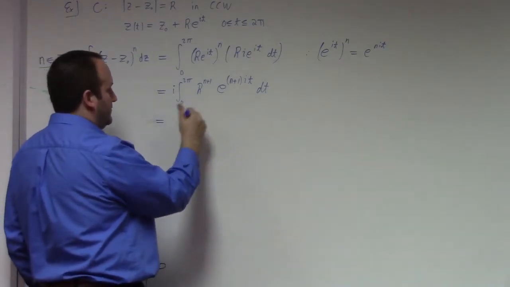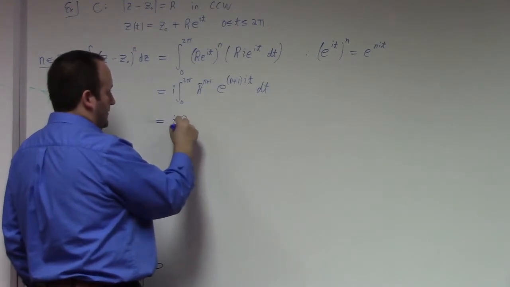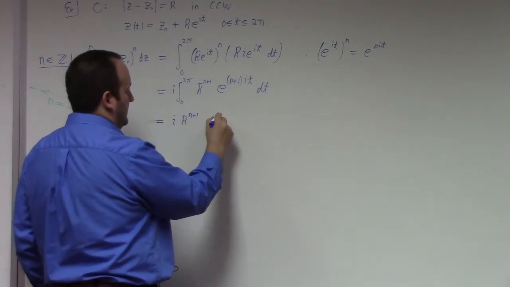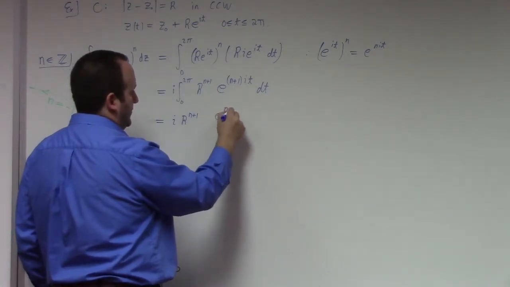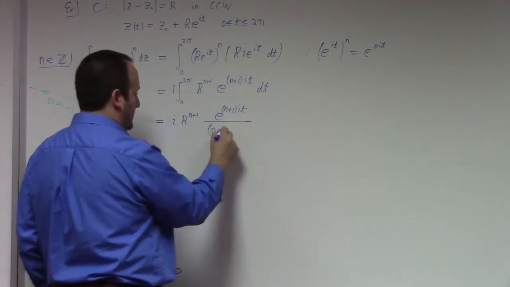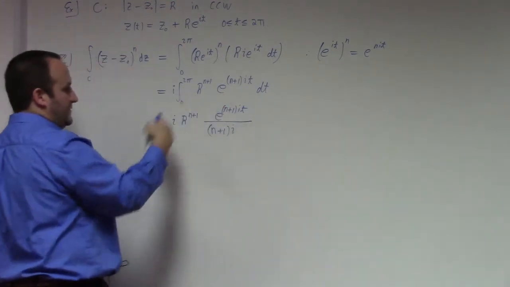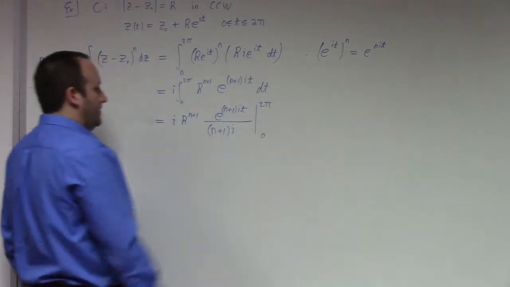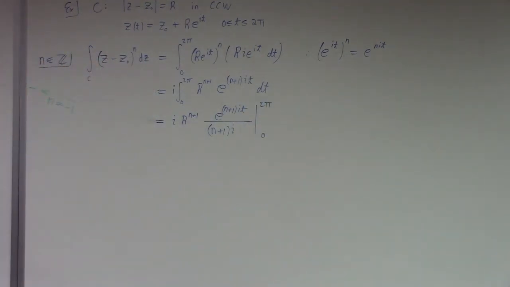So what's the integral? We get i r to the n plus 1, and then we get e to the (n plus 1) it divided by (n plus 1) times i. That's the antiderivative of this, and I evaluate from 0 to 2 pi, using the fundamental theorem of calculus part 2 for integrals of real vector valued functions of a real variable.